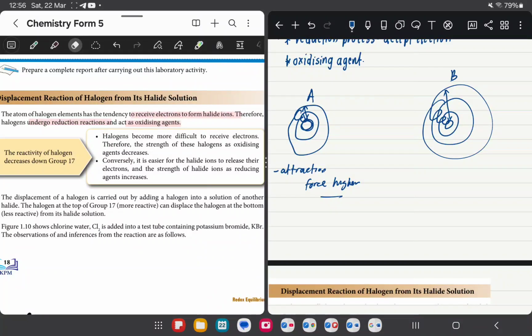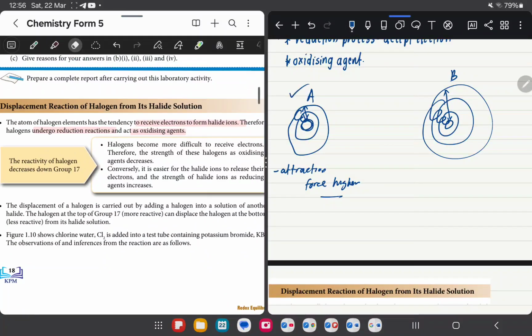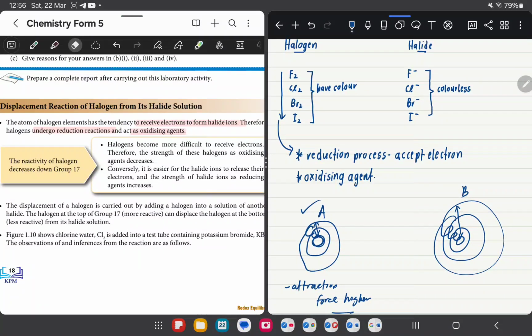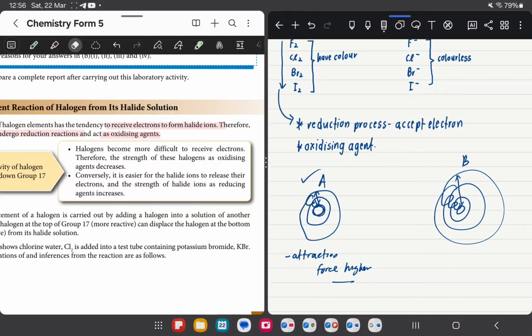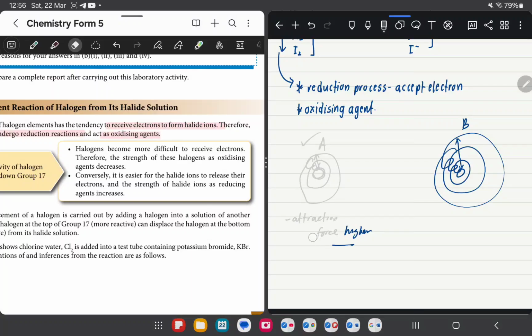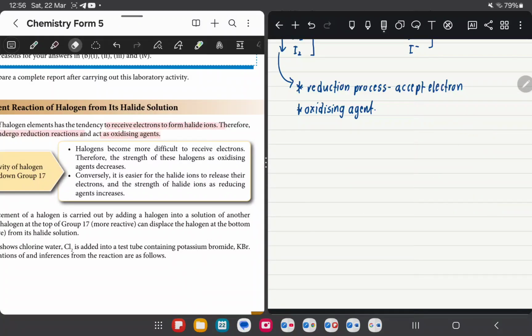So which one is easier to get electrons? For sure A. So A may be your fluorine, iodine would be your B. That is the concept I'm trying to say. Halogens become more difficult to receive electrons because going down, the atomic size is getting bigger. This is the concept that you learned in Form 4.